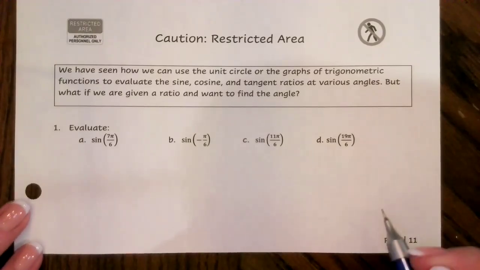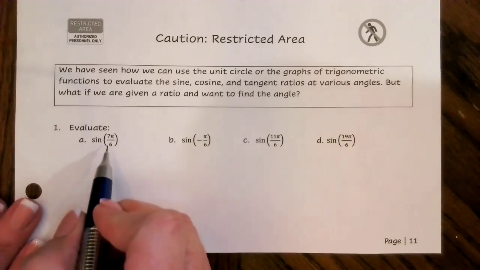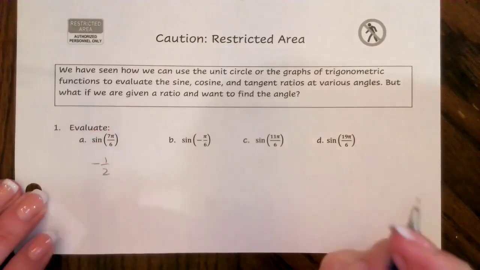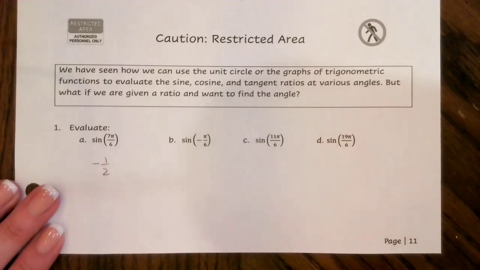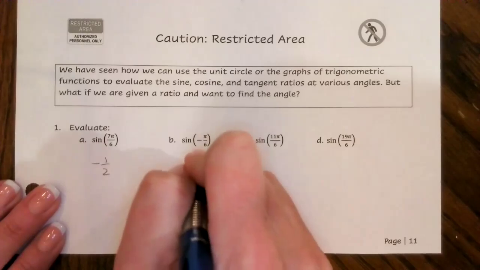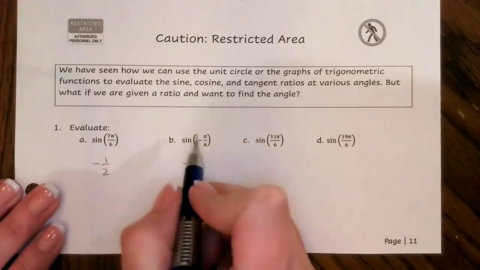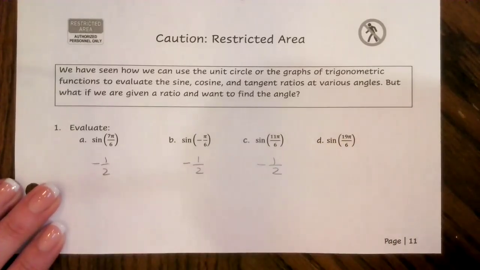All right, so we've talked about evaluating from the unit circle. So sine of 7 pi over 6, we know this really well at this point. You should know that's -1/2. And the sine of -pi over 6, which is coterminal with 11 pi over 6, we know that's -1/2. The sine of 11 pi over 6, we just said these two are coterminal, so we know that is -1/2.